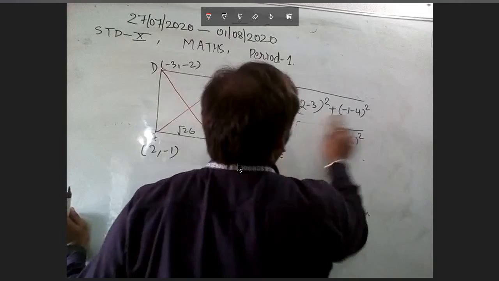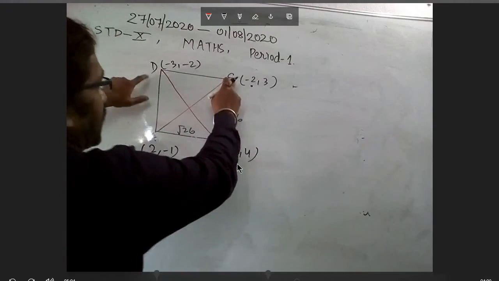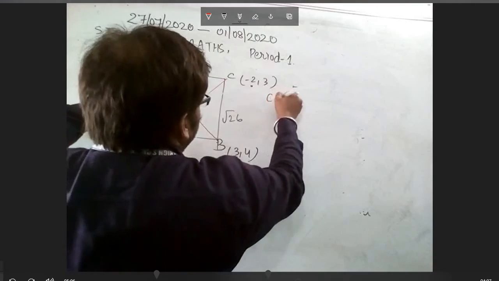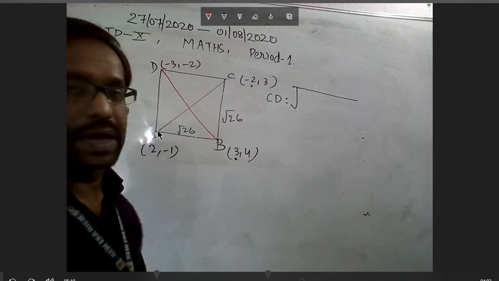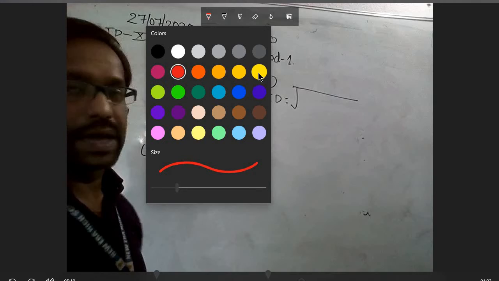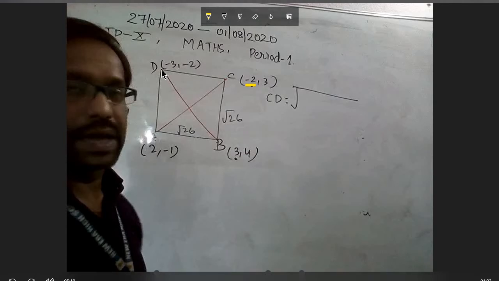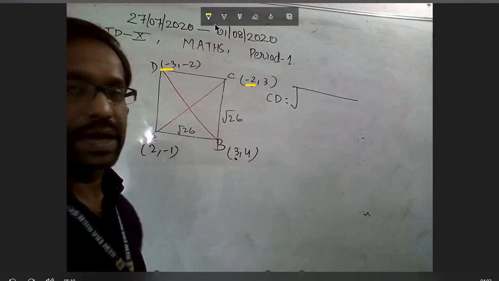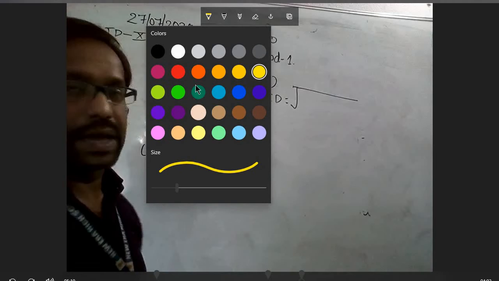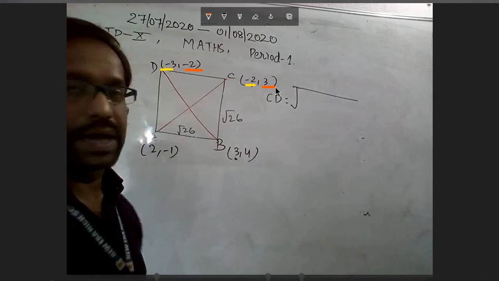This time we are going to prove for C and D. In that, the same x1, x2, y1 and y2 are given also. In this figure, this is my x coordinate, 2 and minus 3, and this one, minus 2 and 3, these are my y coordinates.